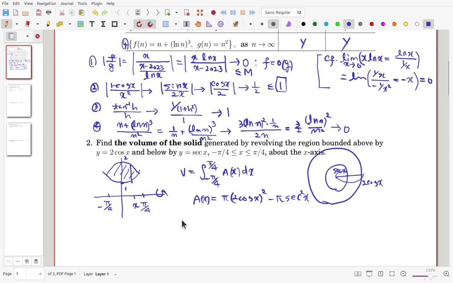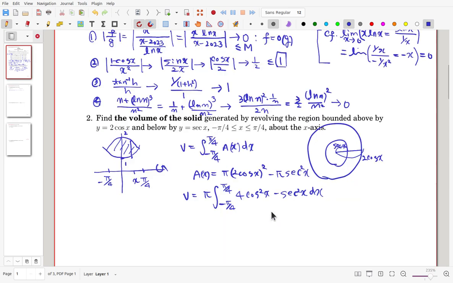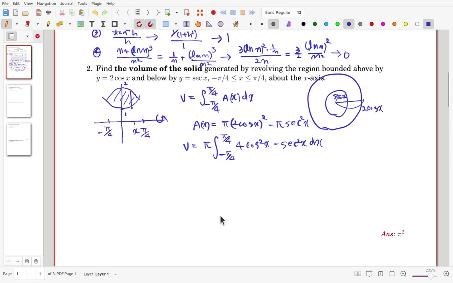Okay, so by using this, the volume will be, pi can go out, and then the integral from minus pi over 4 to pi over 4 of 4 cosine squared x minus sec squared x dx, right? For this one, you can use the half angle formula.